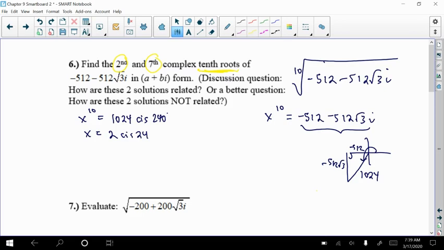I'm going to do 360 divided by 10. So that means each of the solutions are 36 degrees apart. So the first one, the principal one, has an angle of 24.